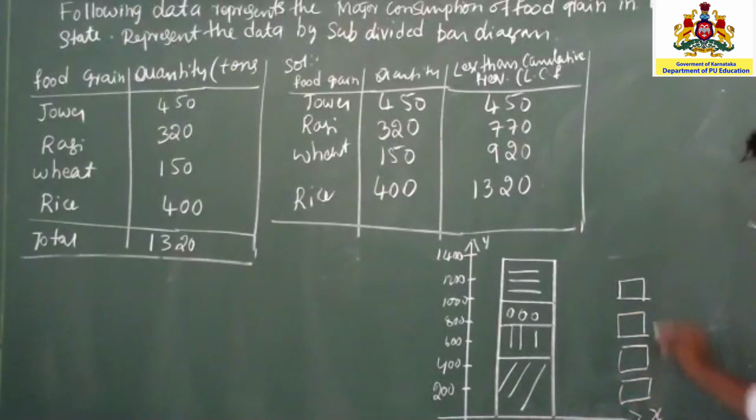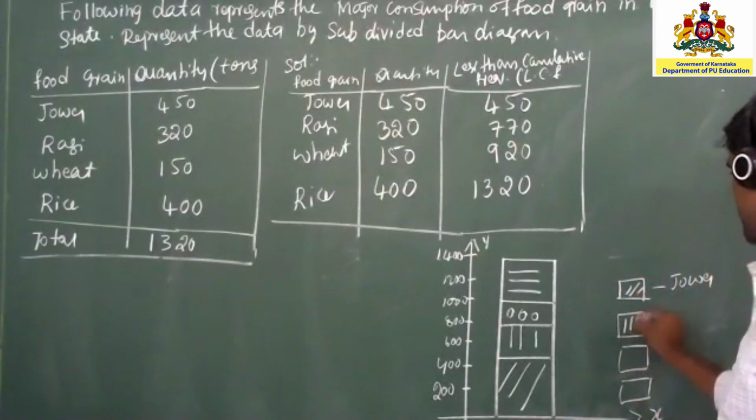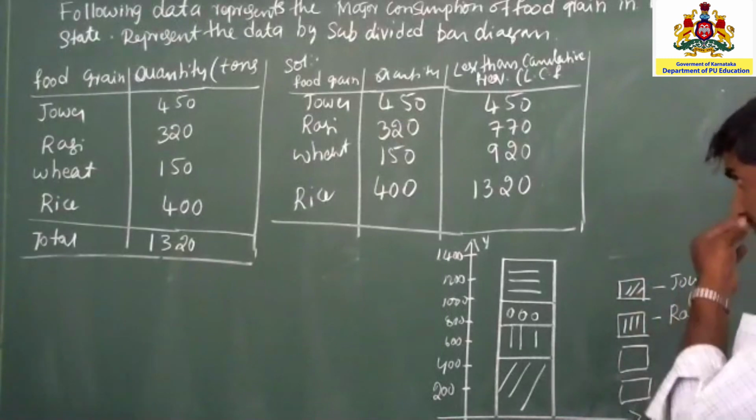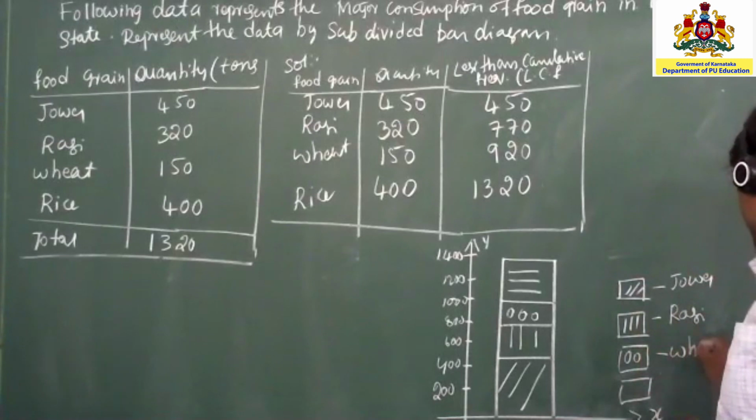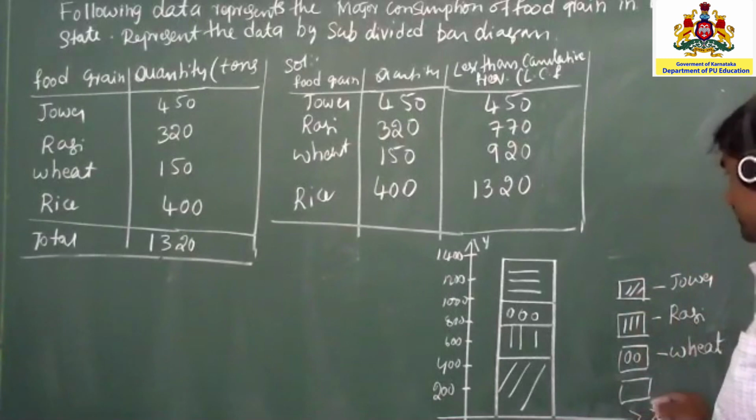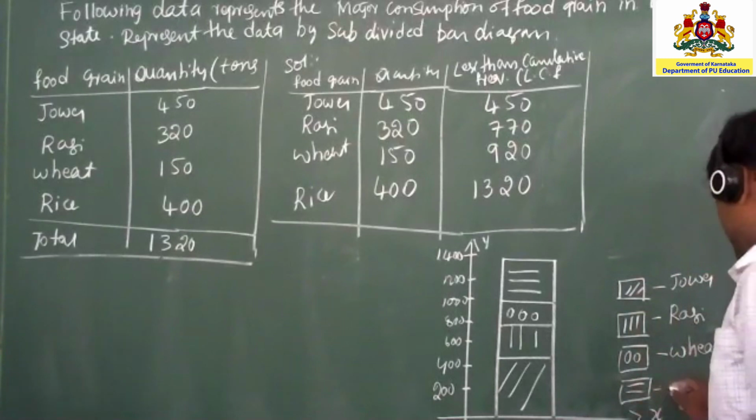The first is cross lines, that is Jowar, the second is vertical lines, that is Ragi, and the next one is wheat. Wheat is circles, so this is wheat, and the last one is rice. Rice is horizontal lines.